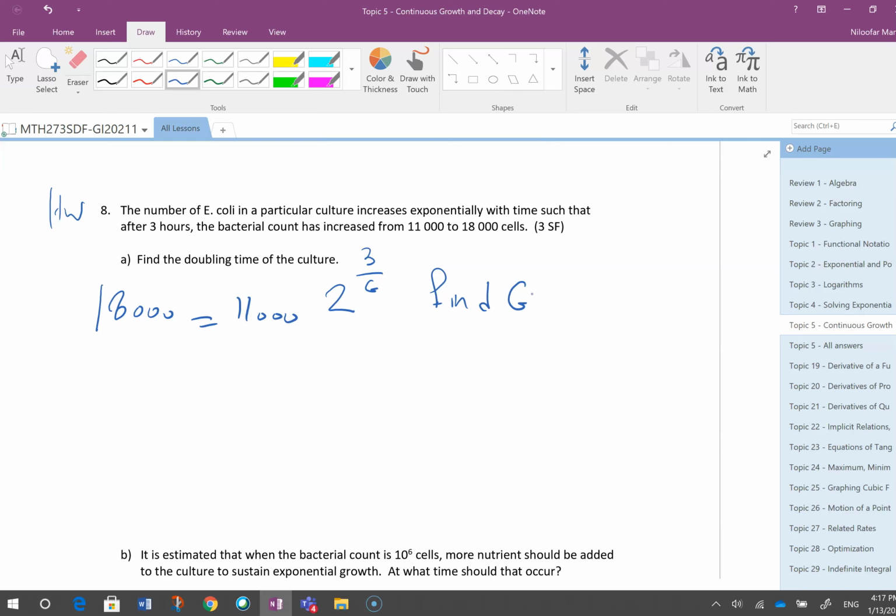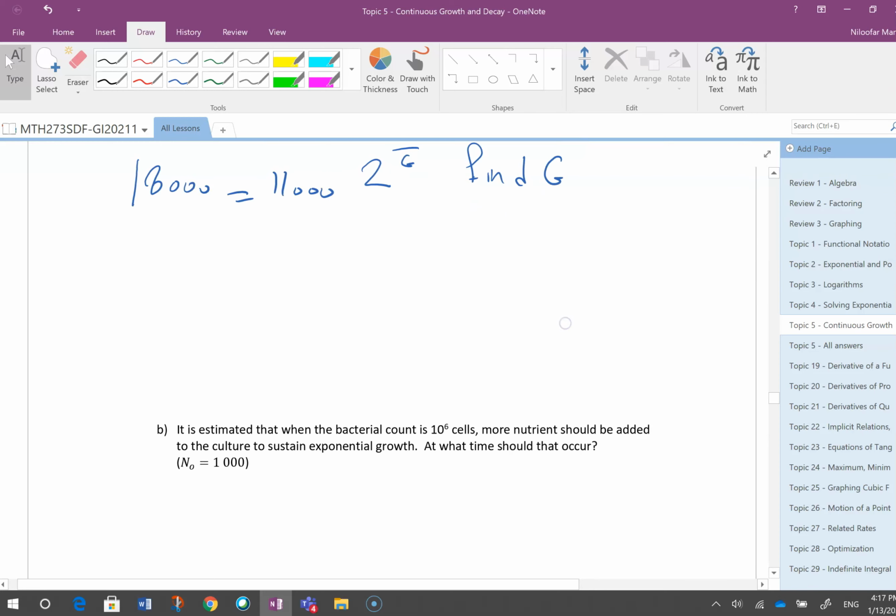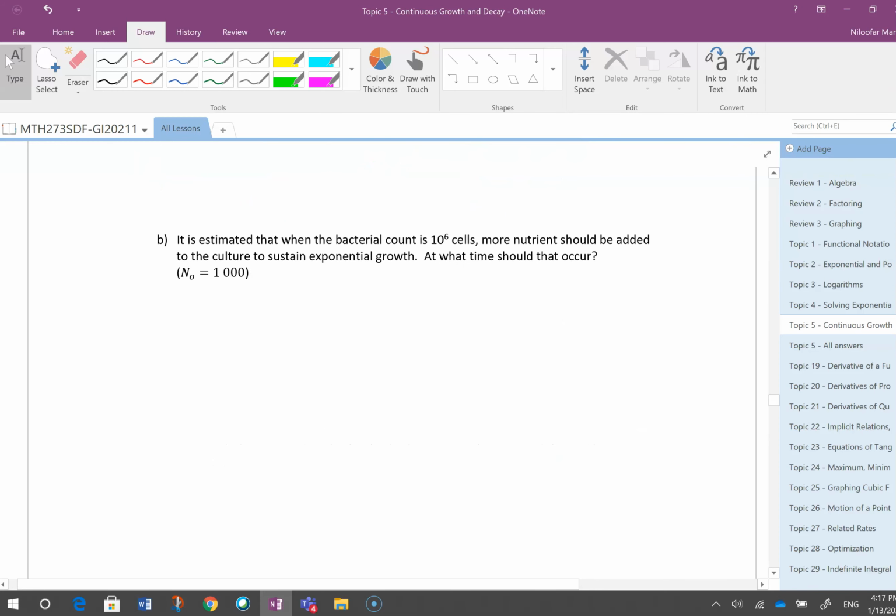How about this one? It is estimated that when the bacterial count reaches this, more nutrients should be added to the culture to sustain exponential growth.